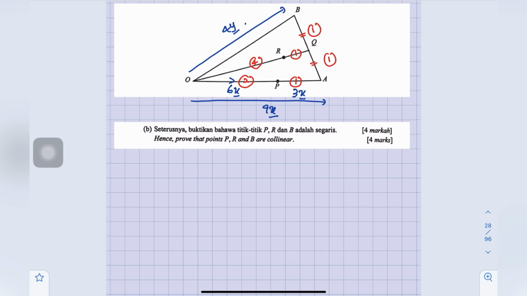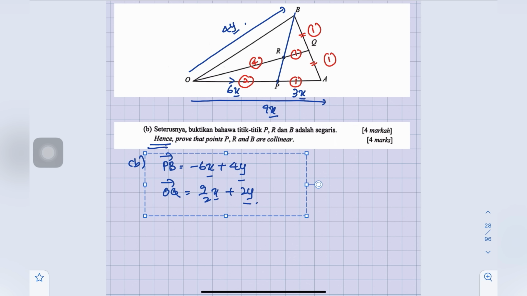(b) Hence, prove that points P, R, B are collinear. So we are going to prove that points P, R, B are collinear. The word hence means that we are going to use the previous answer. From the previous answer, we got vector PB equals negative 6 vector x plus 4y, and vector OQ equals 9 over 2 vector x plus 2y. To prove P, R, B are collinear, we already have PB, so we can use PB equals lambda PR.